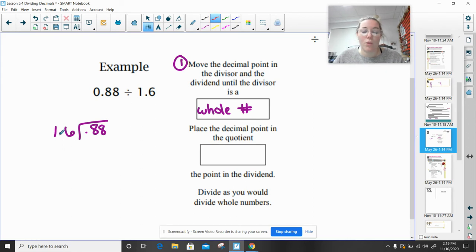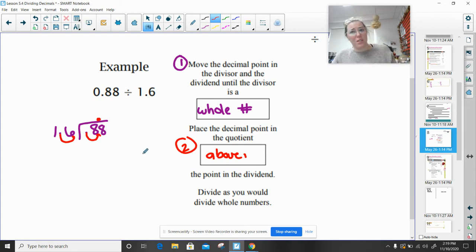I'm going to make this a whole number. Right now it's 1.6. I moved my decimal to the end to make it 16. I moved it once in the divisor, which means it needs to be moved once in the dividend, so it becomes 8.8. Then we place the decimal point in the quotient above the point in the dividend. So I just bring it straight up.